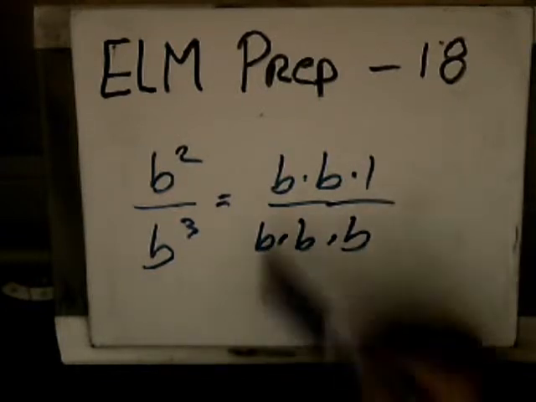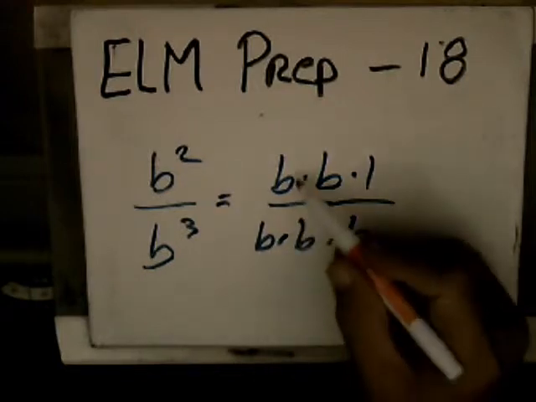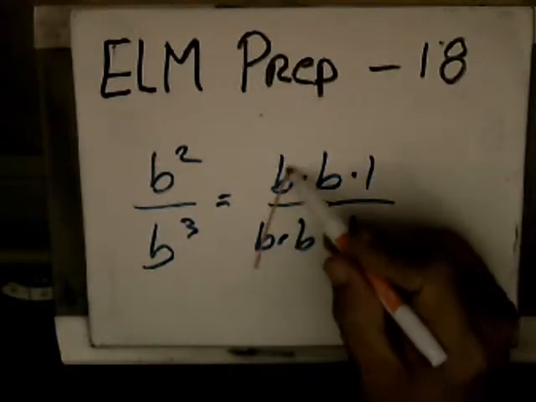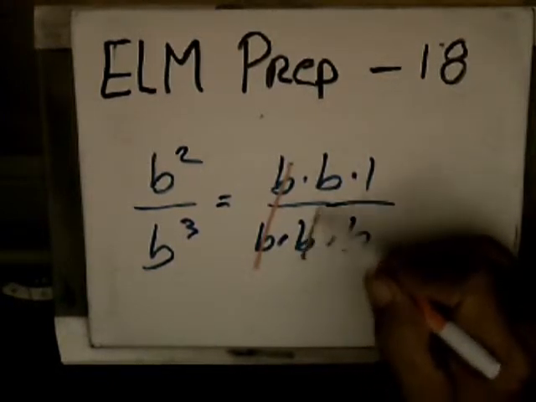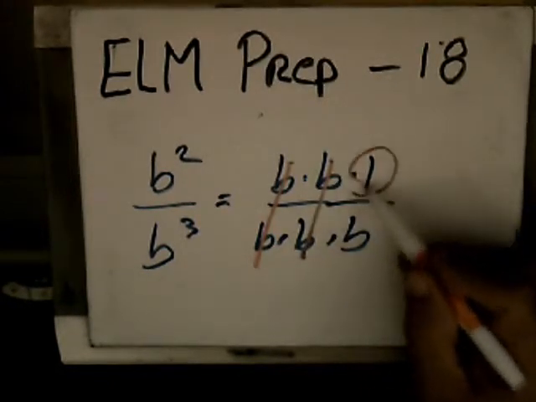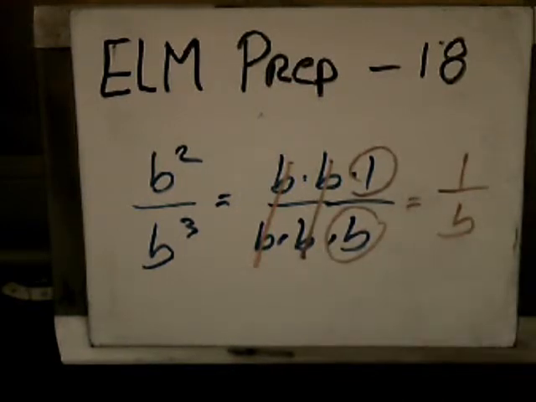We normally understand that the 1 is out there, but I'm putting it in just so that we don't lose track of that fact. Well, I've got b over b, so b over b is just 1. Anything over itself is 1. That leaves me with 1 over the remaining b, so my reduced answer is, in fact, 1 over b.